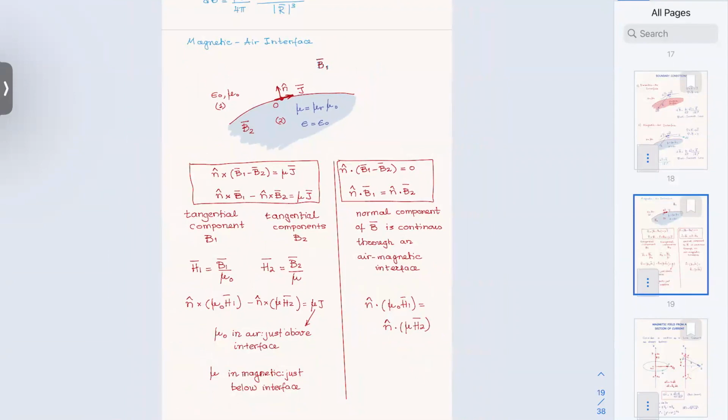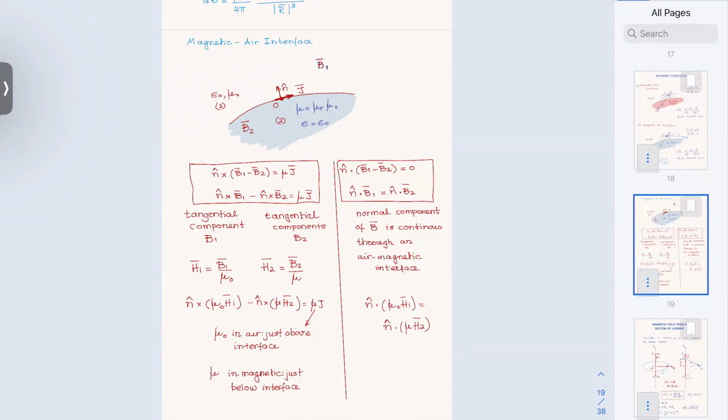All right, so again, what I would like to do is remind you that these boundary conditions, we are going to see them again in electromagnetics, but these are as they specifically apply to a field in magnetostatics where the current J is a DC current.